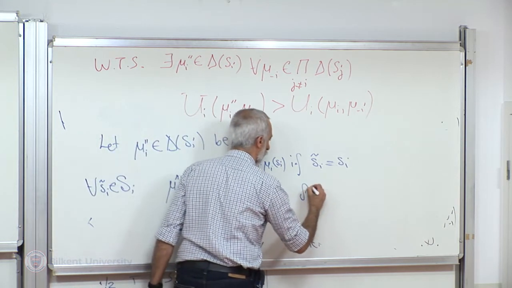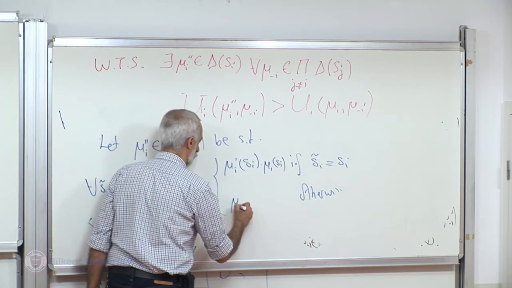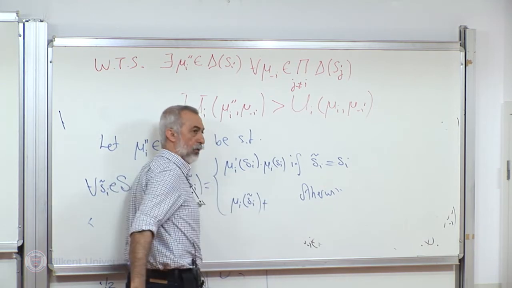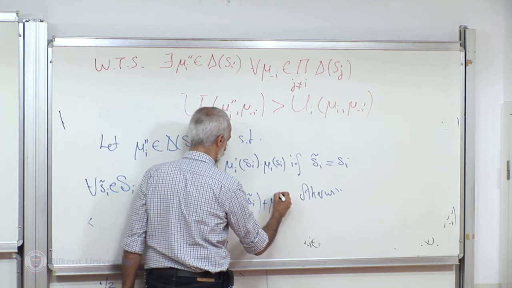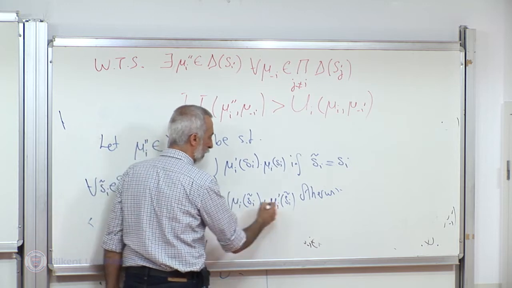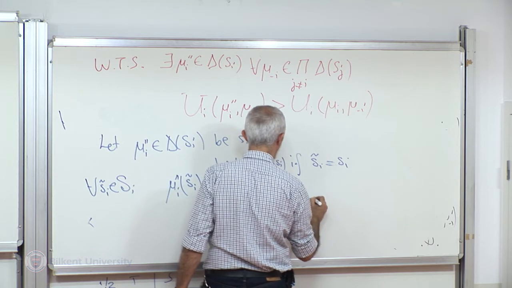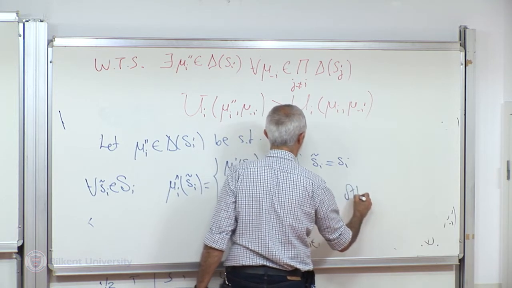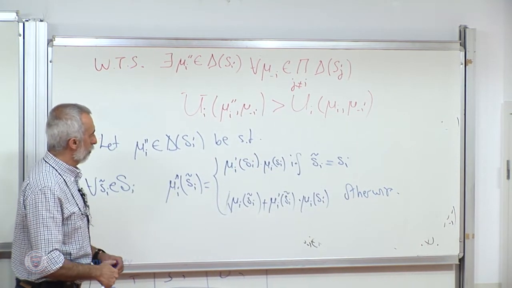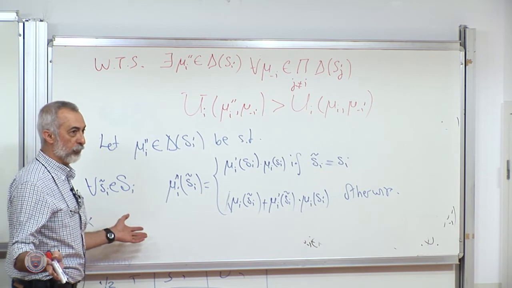Otherwise, mu i si tilde plus mu i prime si tilde, times mu i si. Okay? So far, so good? Any questions?